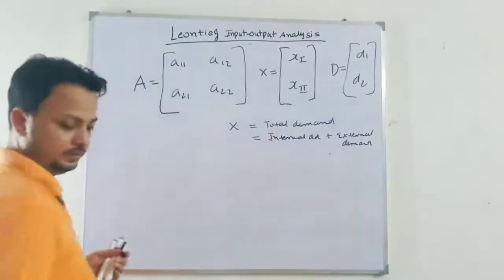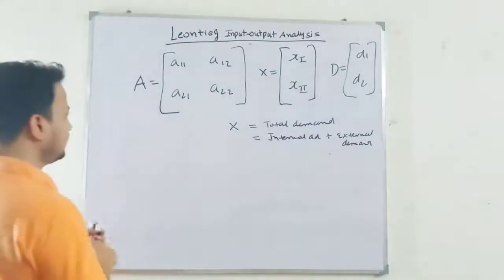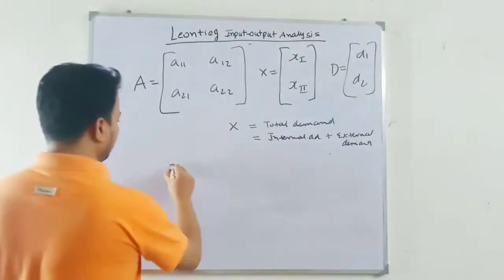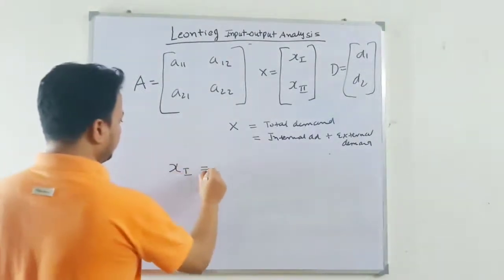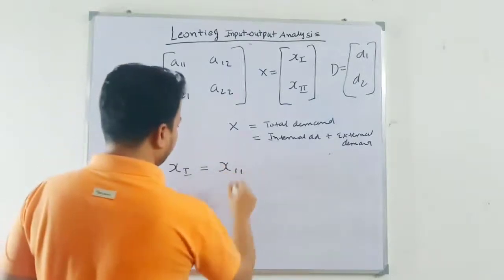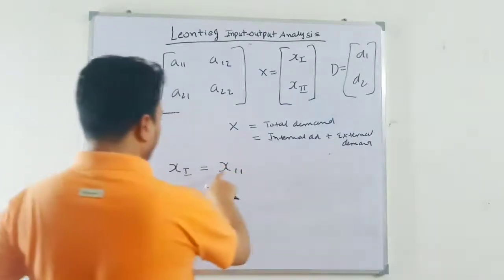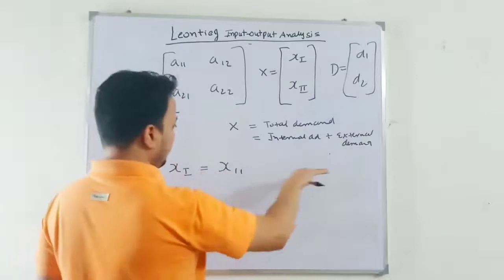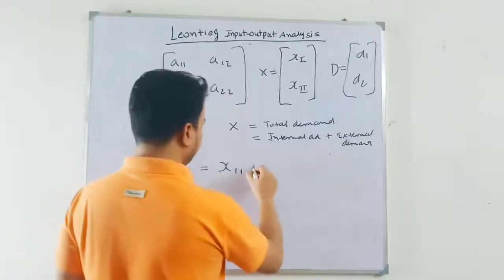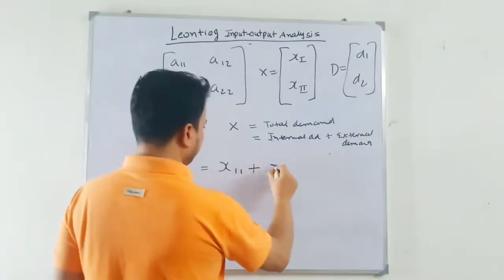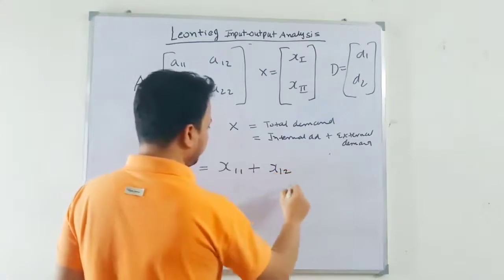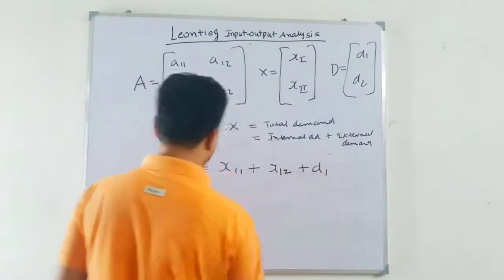If you remember, I wrote this thing: output of first industry equals output of first industry used by first industry, I add the row thing, output of first industry used by second industry, plus demand of first industry.